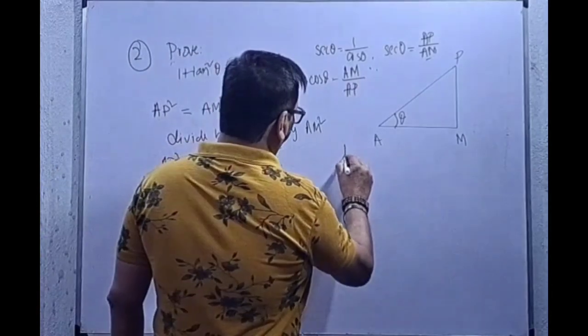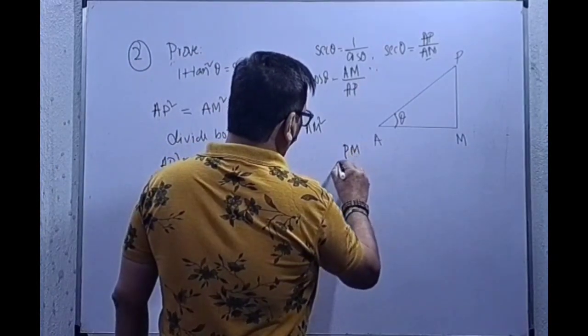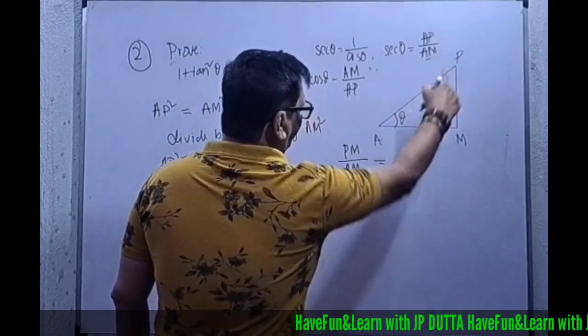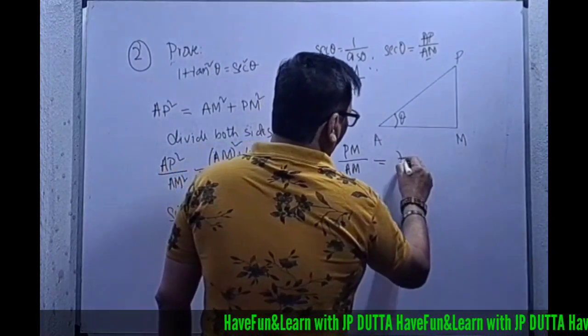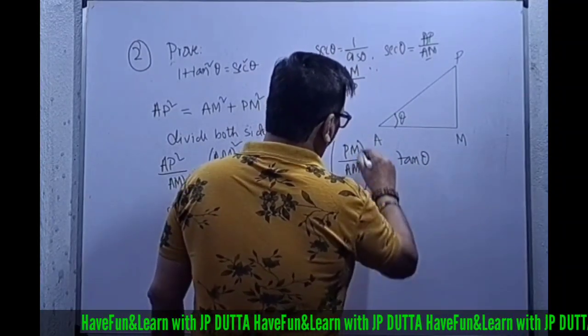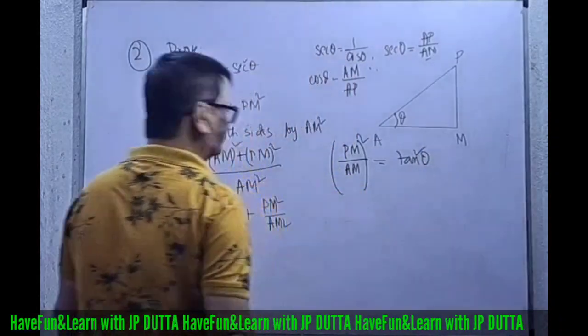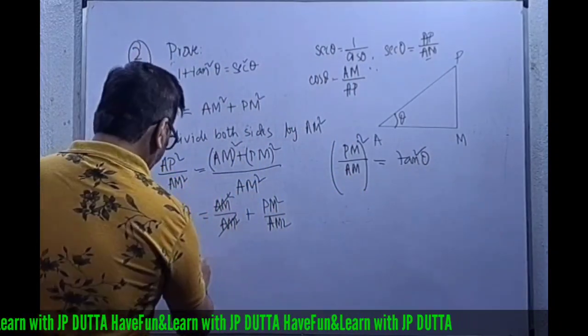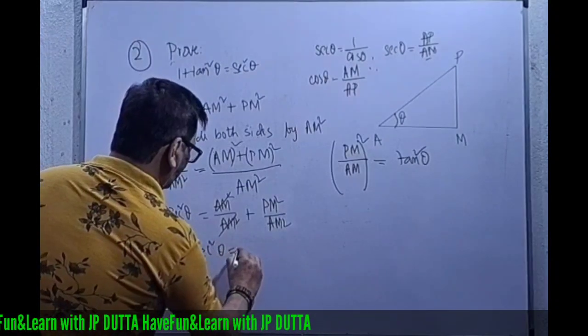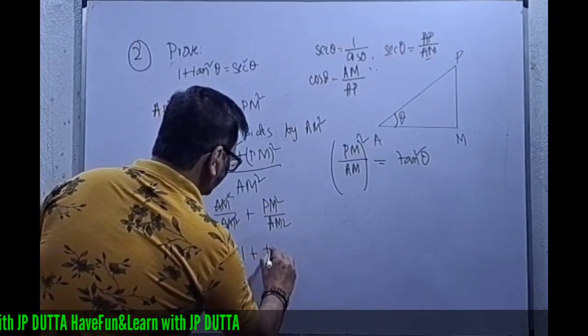Now PM by AM, from this figure, PM by AM is tan theta. Right? So this squared will be tan² theta. Right? So we get sec² theta is equal to 1 plus tan² theta.